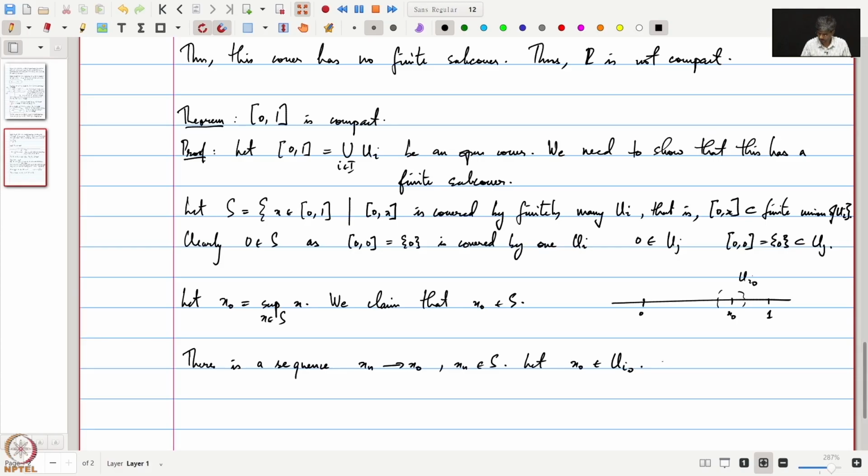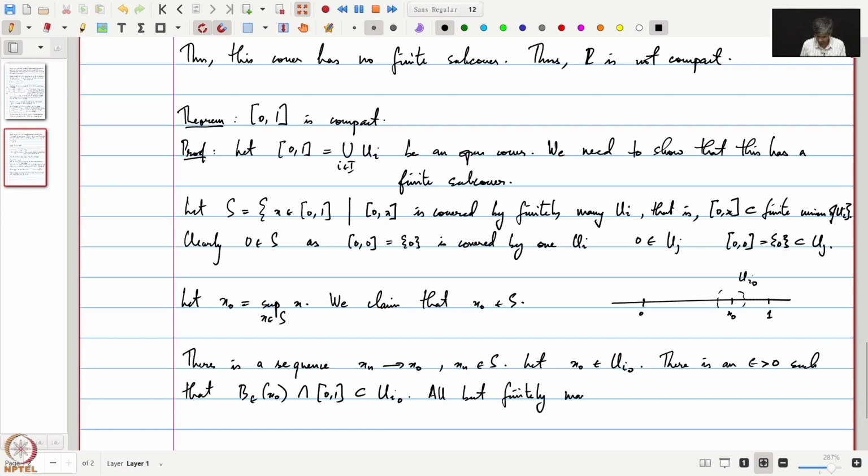So there is an epsilon positive such that B(epsilon, x_0) intersected with [0, 1] is contained in U_{i_0}. Since these x_n's are converging to x_0, all but finitely many x_n's are in this interval.